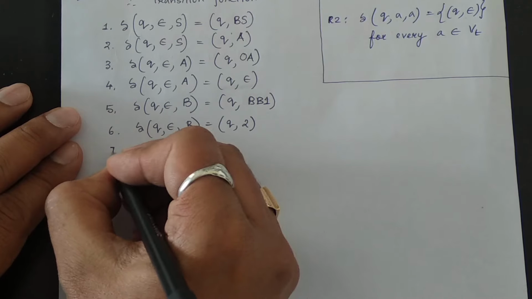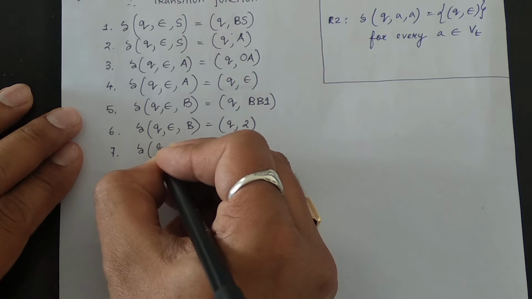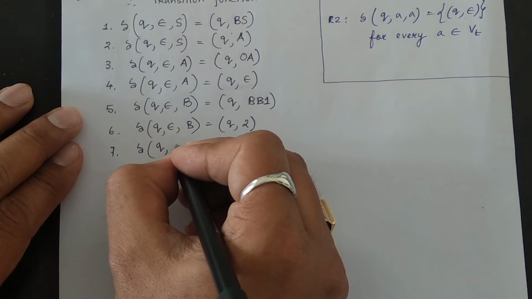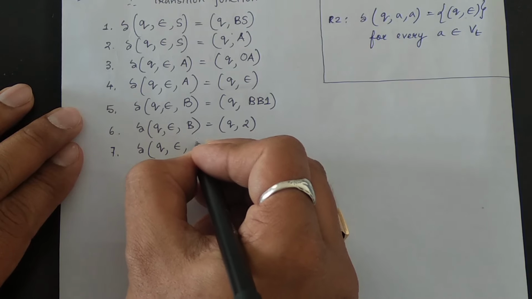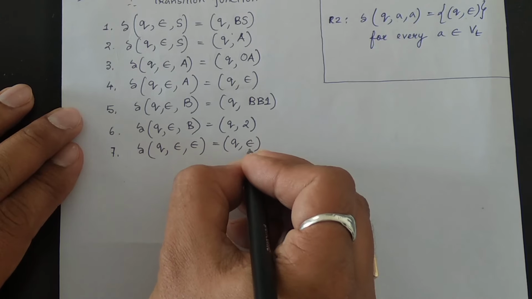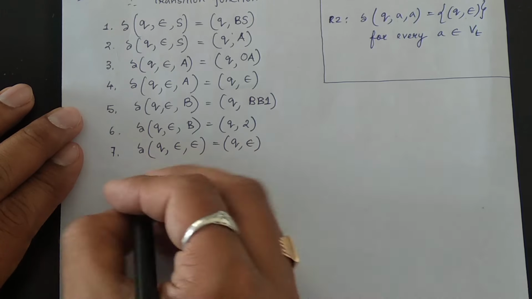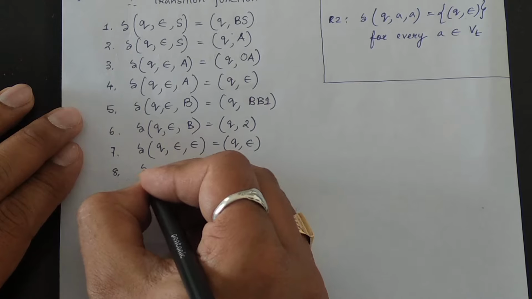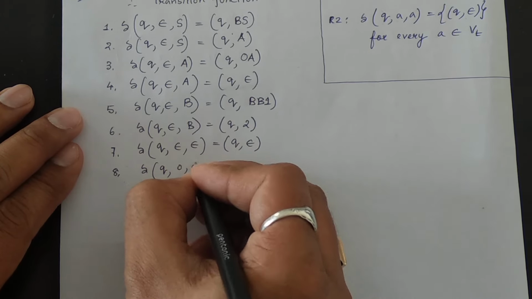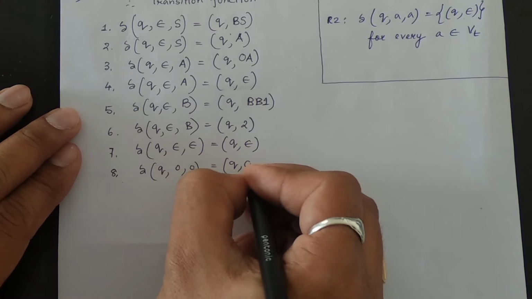So what will number 7 be? Delta Q, then what is the format? A here is first epsilon, then again epsilon, then epsilon. This means the popping operation. Now number 8, delta, Q, 0, 0, Q, epsilon.